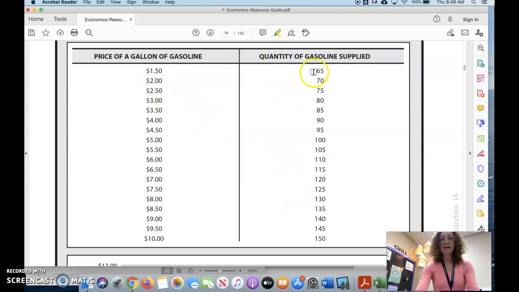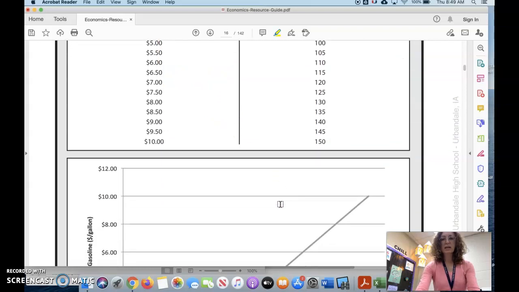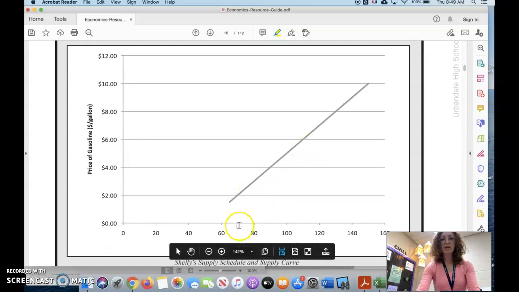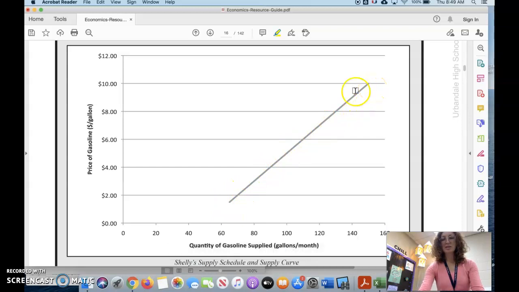How much gas a person is willing to supply at each individual price. And then those inputs become the supply curve. Note, the supply curve is upward sloping, right? So the demand curve was downward sloping. Supply curve is upward sloping. That's a very, very important concept.